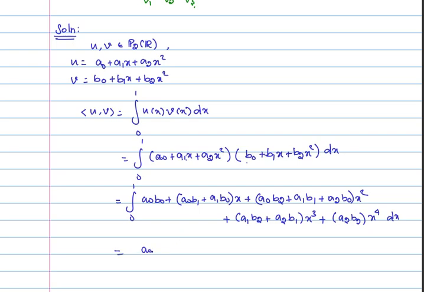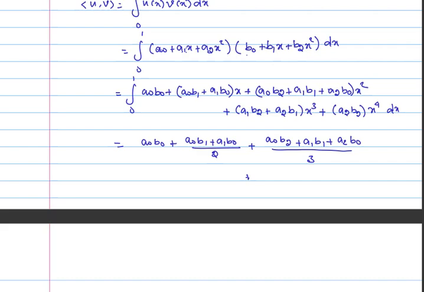If you integrate, what will you get? This is a0 times b0 times x, and applying the upper limit it becomes 1. Here x squared by 2. So a0 b1 plus a1 b0 divided by 2, plus a0 b2 plus a1 b1 plus a2 b0 divided by 3, plus a1 b2 plus a2 b1 divided by 4.